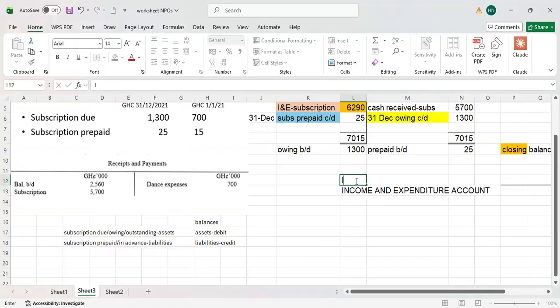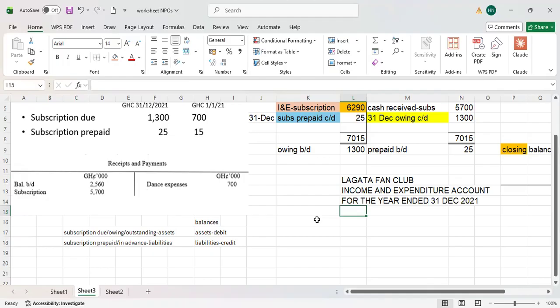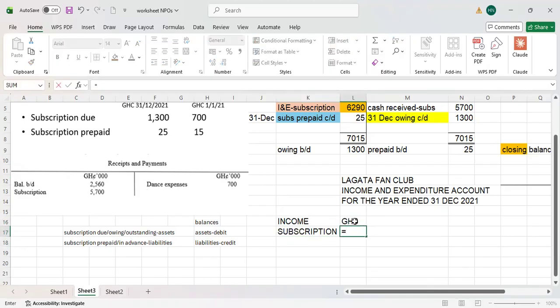So let's say it's Lagata Fun Club. So income and expenditure for the year ended 31st December 2021. That's what we're accounting for. So if you go to that income, your first income is what? Subscription. You put your amount there, and this is the figure.